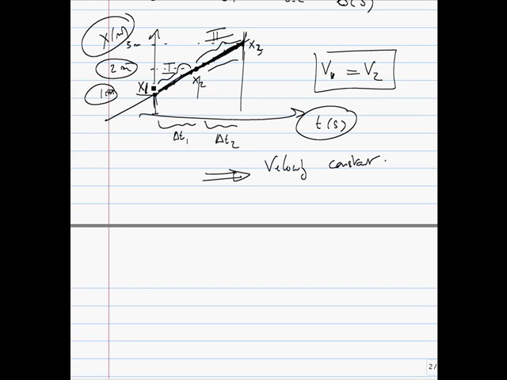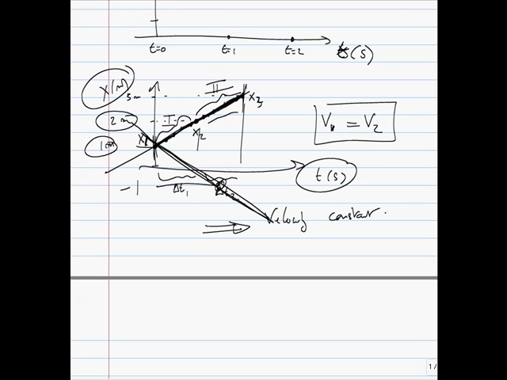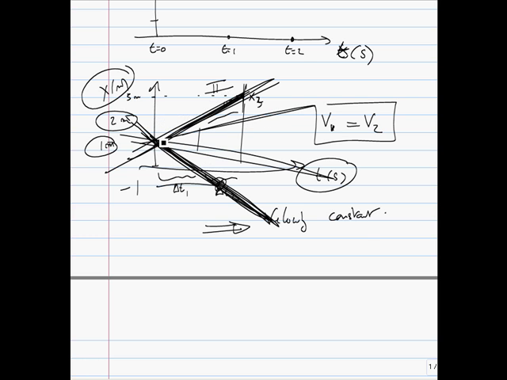If, on the contrary, you saw something like this, then you know that you're going from a position of 1 to a position of -1 later on. Therefore, you're going in the opposite direction, and the velocity is negative. But regardless of the magnitude of the slope, every time you see a line describing your motion, you know that the velocity is constant.